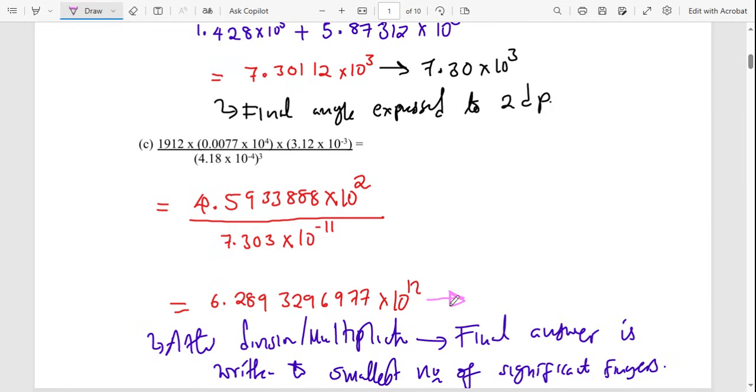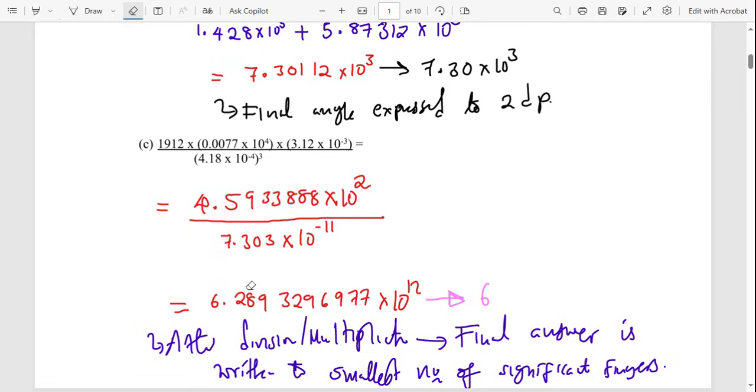So the final answer therefore should be written to the lowest number of significant figures, which is just a 2. So the final answer should be written to 2 significant figures. So we should end here on 8, but to remove a 1 from 9, that is going to give you 6.29 times 10 to the power 12. Oh, sorry, what I've just written is 3 significant figures.